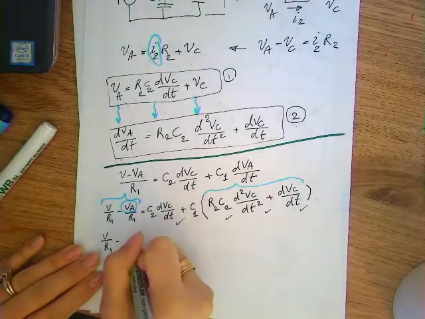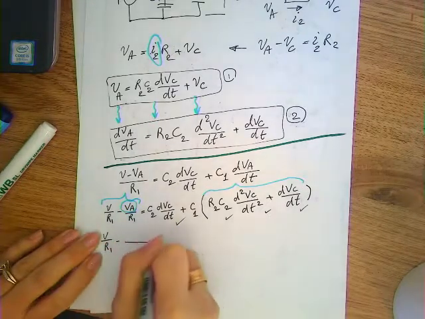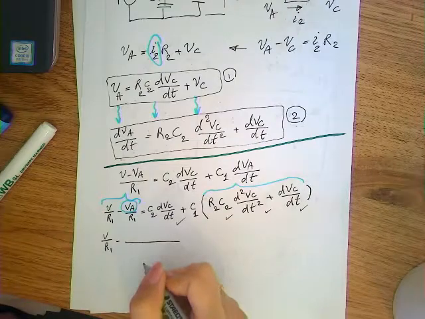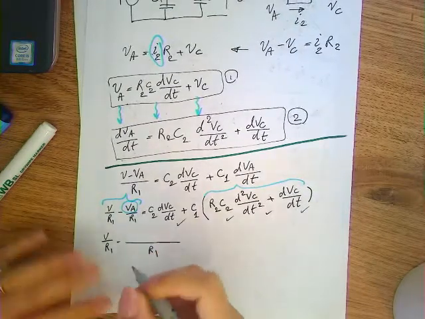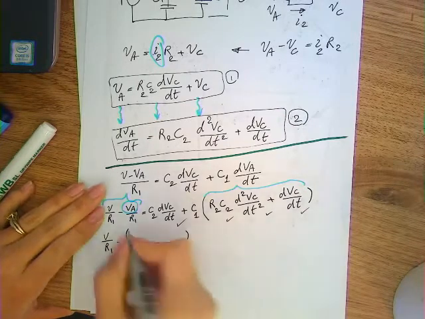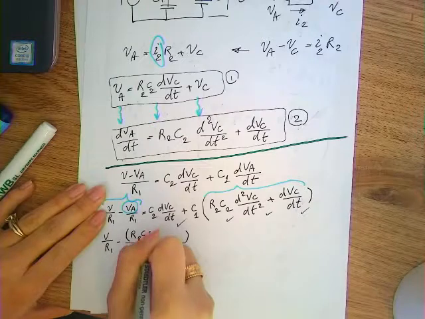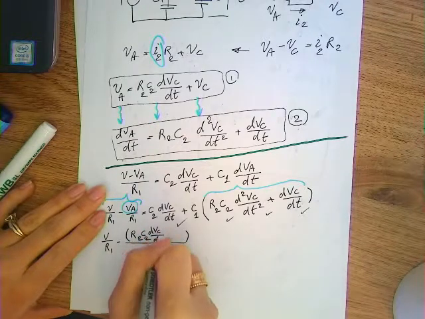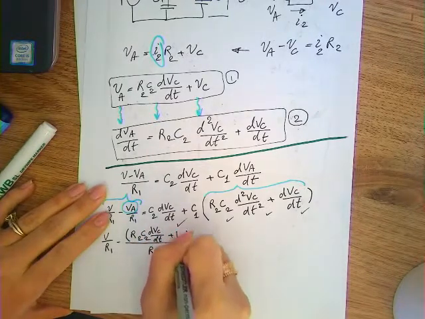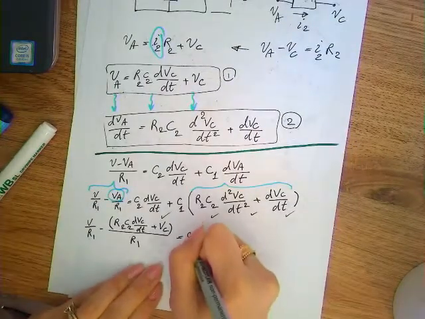So, if I want to write the entire division, R1, so it will be a big part here, and that will have R2 C2 dVc dt plus Vc, and then everything will be repeated.